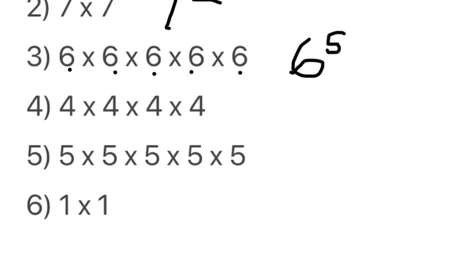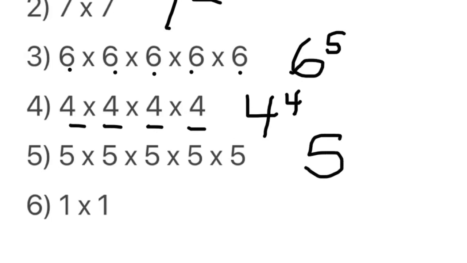Pause the video and try number 4. So on number 4, the number that we are multiplying is 4, and there are 4 of them, so this is 4 to the power of 4. Try number 5. On number 5, the number we're multiplying is 5, so that's our base.